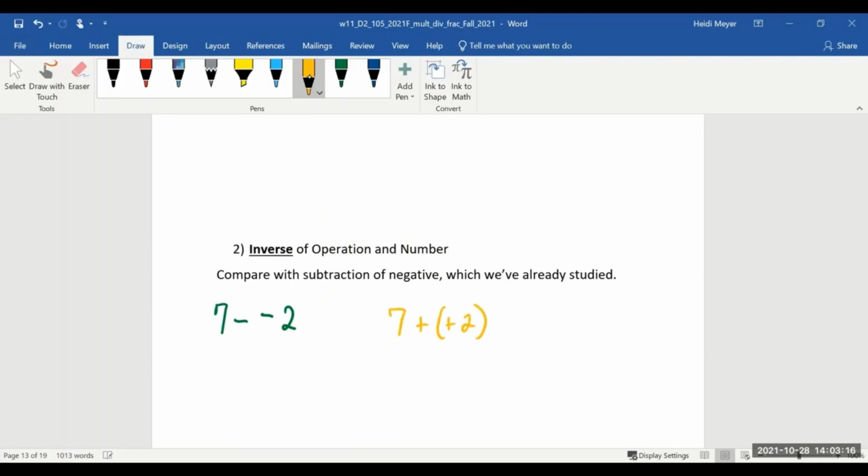And usually we do that by going zing, zing, right? We don't actually rewrite it. We just go kaboom, kaboom, or whatever sound effects we make when we're doing that. But you know that you can change subtraction into addition, and you can change the number behind it into its opposite. Well, okay, that's the inverse of the operation and the number.